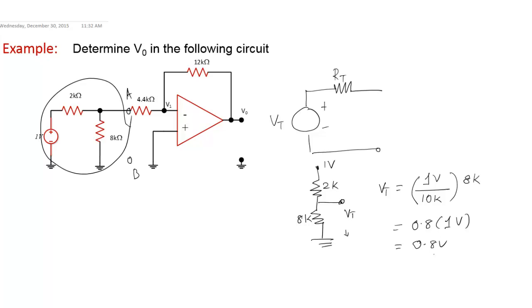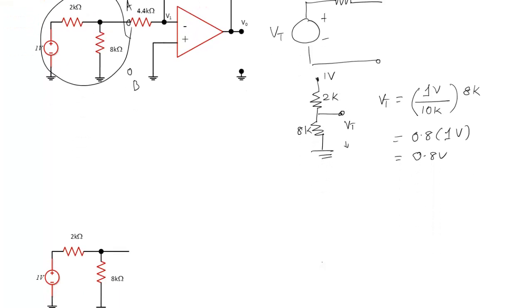Similarly, if I want to find the R sub t, all that I have to do is find the resistance seen through the terminals A and B after deactivating the voltage source. That can be done very simply, because deactivation implies I make the voltage source a short circuit.